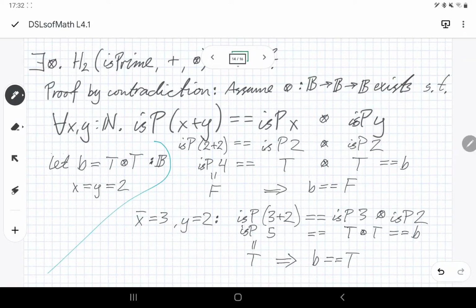So the thing we can conclude here is no. I mean, does there exist? No. No cross exists with this property. So there are lots of operators on Booleans, well, actually not that many of them, but whatever we put there, is prime cannot possibly be satisfied that it takes an addition to this.